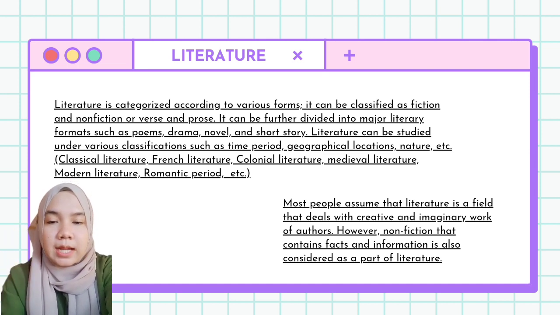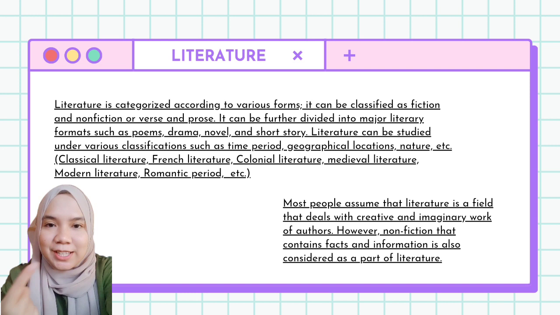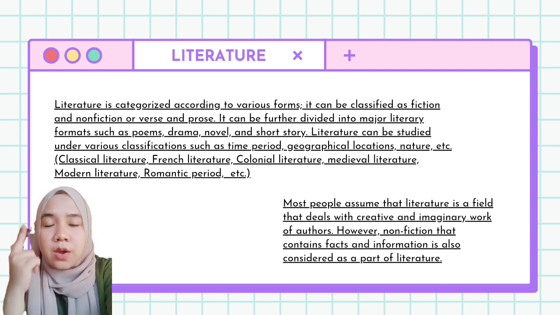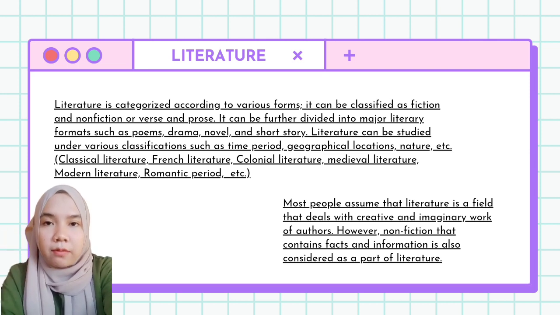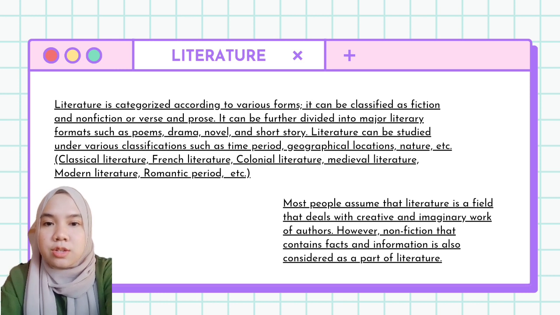Literature can be studied under various classifications such as time period, geographical location, nature, and etc. Most people assume that literature is a field that deals with creative and imaginary work of authors. However, nonfiction that contains fact and information is also considered a part of literature.